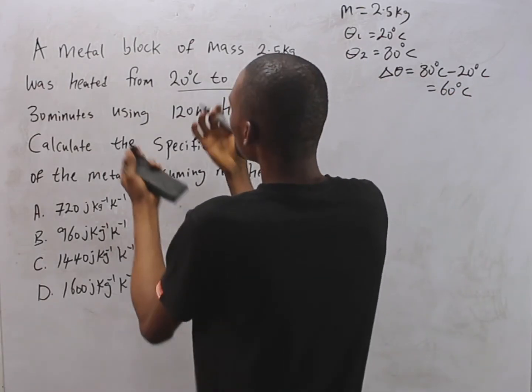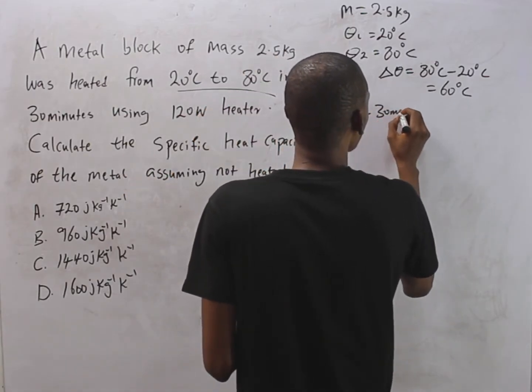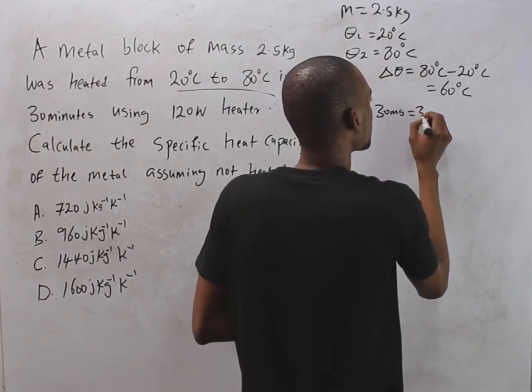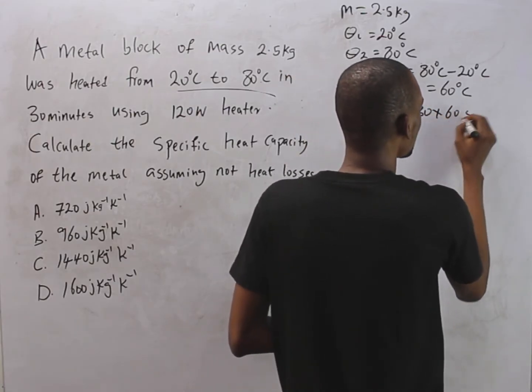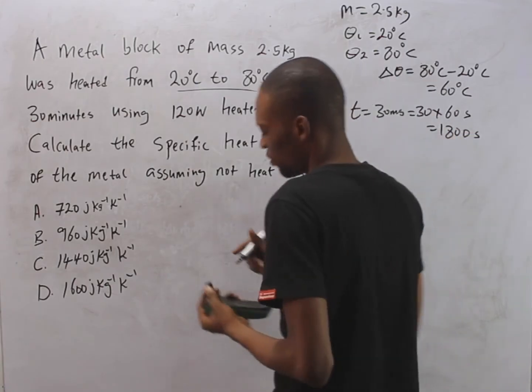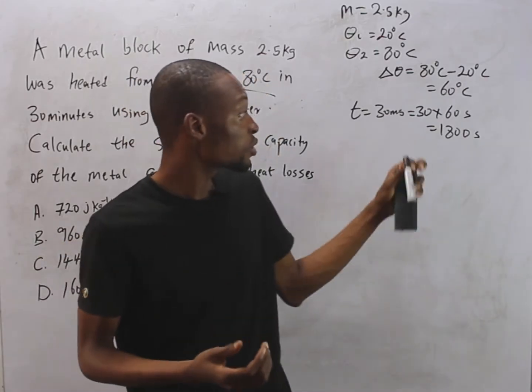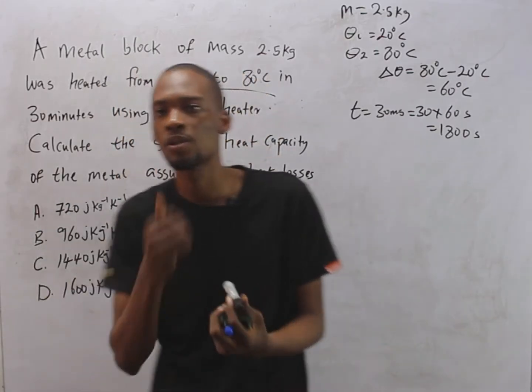In 30 minutes, so time equals 30 minutes, and that equals 30 times 60 seconds equals 1800 seconds. So we solve using time in seconds.